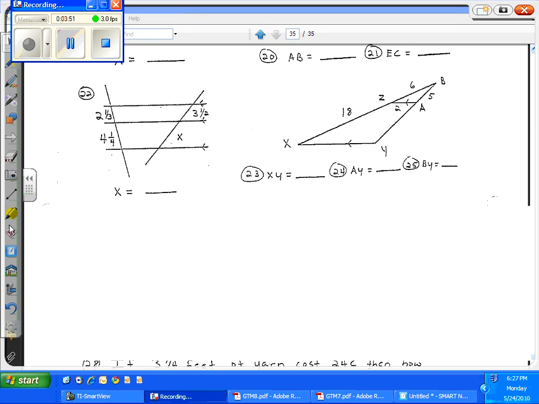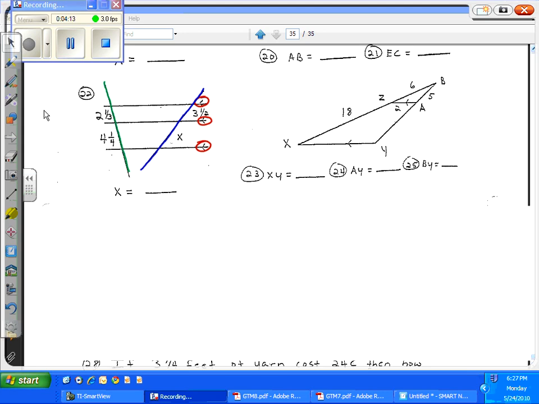What we have here is 3 parallel lines divided by 2 transversals. We know that they're parallel because there's an arrow in the middle of this one, and this one. So there's your 3 parallel lines. And those 3 parallel lines are dividing these 2 transversals.